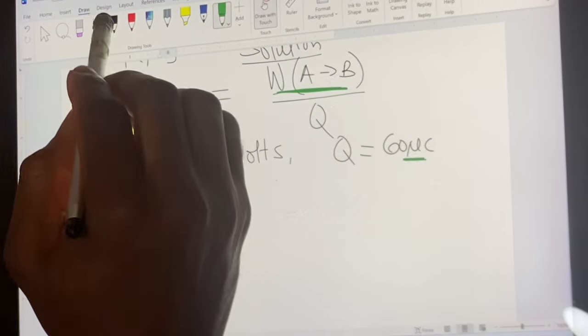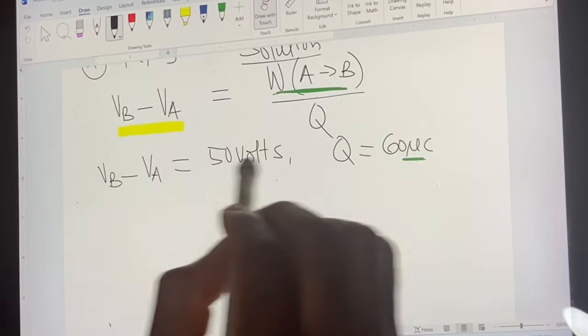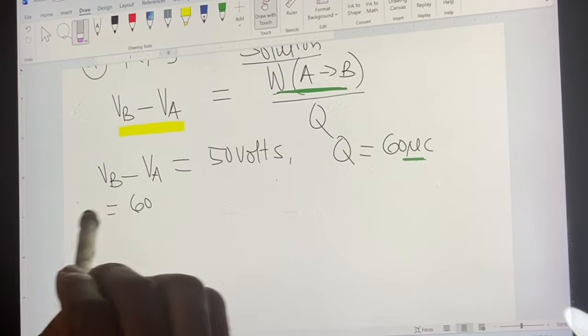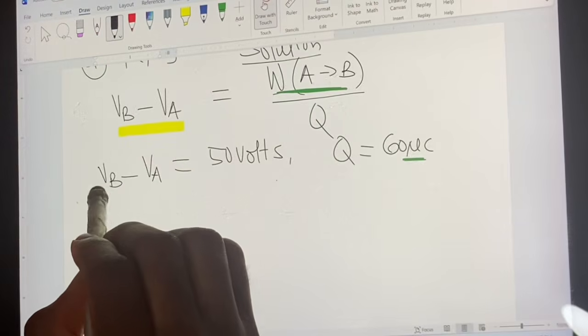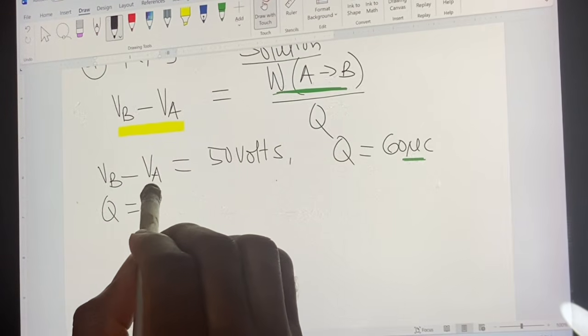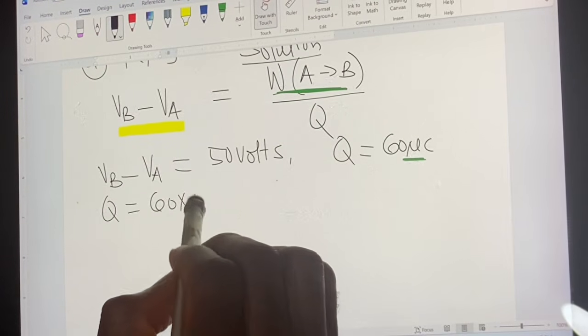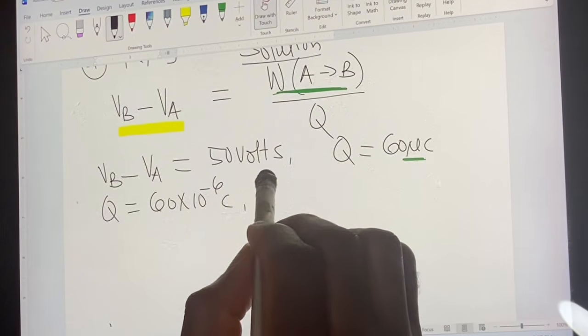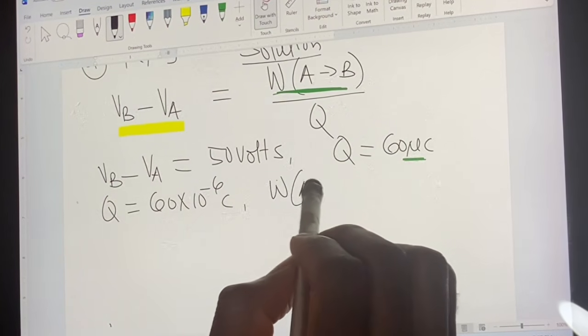So the charge will be equal to 60 times 10 raised to the power minus 6 coulombs. And then we are asked to find the external work done.